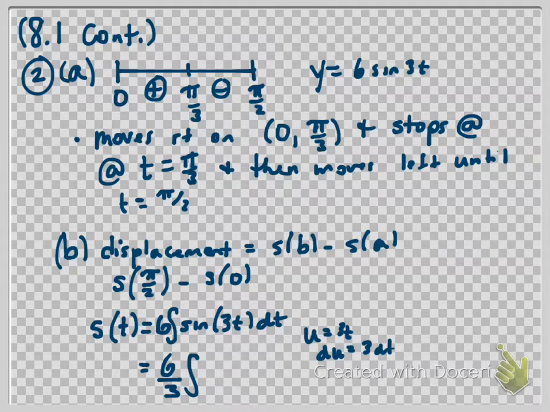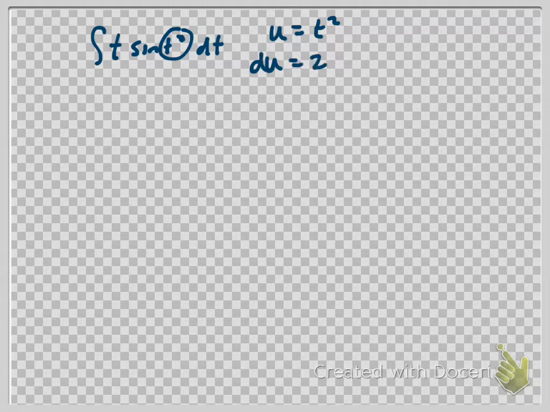Well, think about it. In that instance, and I'm going to jump to another screen so I can actually write this. So what you're saying is if I had something like t sine t squared dt, right? Okay. Well, in that instance, my t squared is my u, and my du is 2t dt. Well, I got the dt, I got the t.